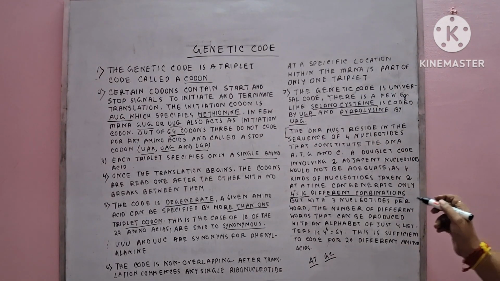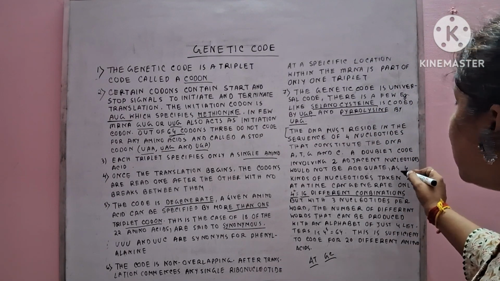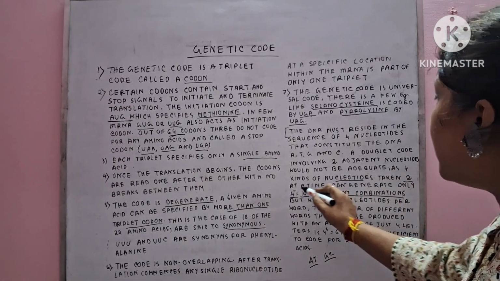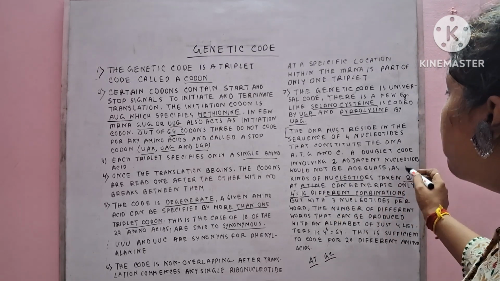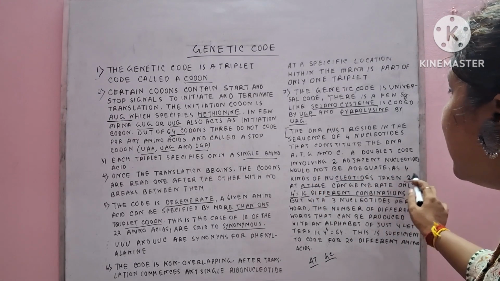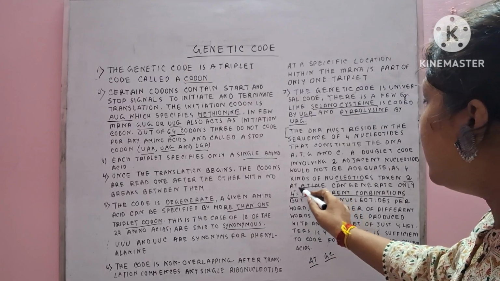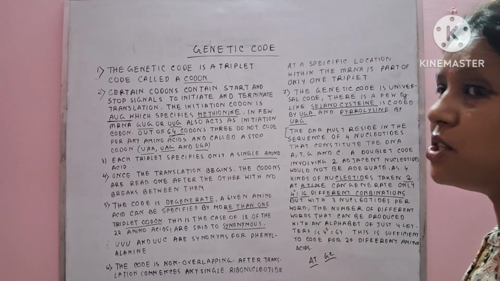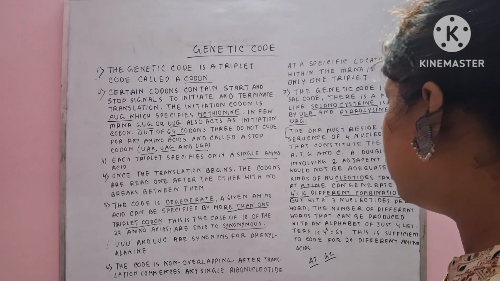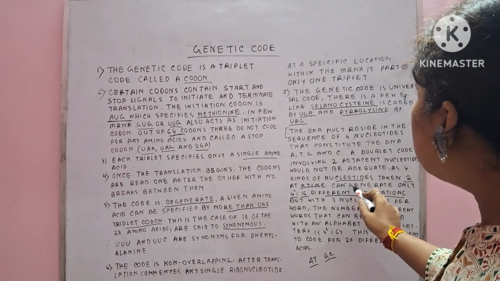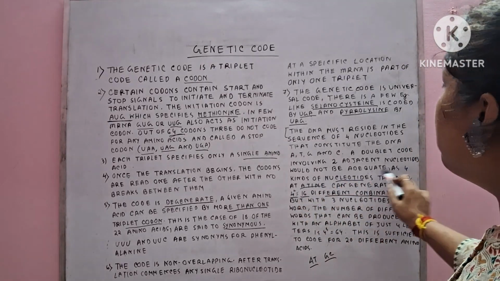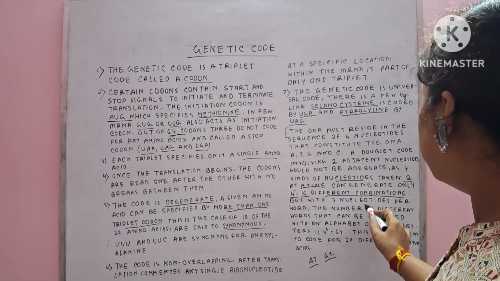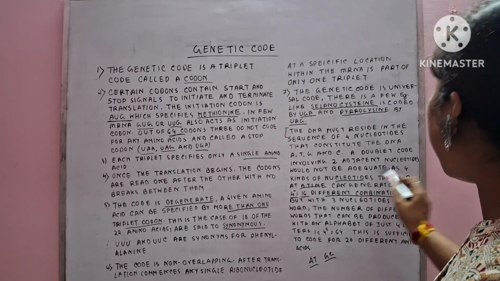How is this 4 squared explained? As 4 kinds of nucleotides taken 2 at a time, the possibility is 4 squared, meaning 16 different combinations. But if it is a triplet, there are 4 kinds of nucleotides taken 3 at a time.